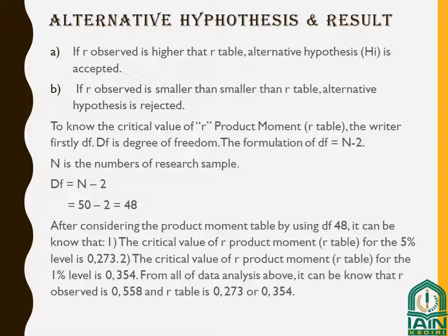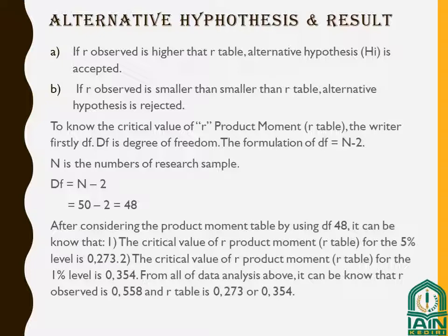After consulting the product moment table by using df 48, it can be known that the critical value of r product moment or r table for the 5% level is 0.273. The critical value of r table for the 1% level is 0.354.